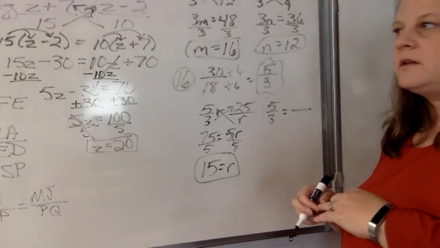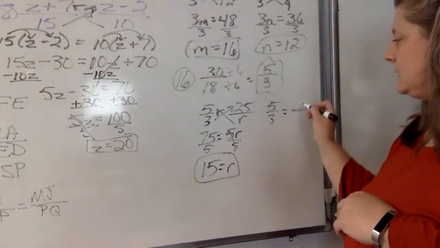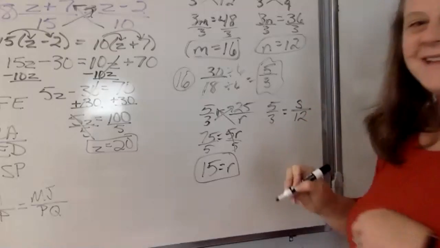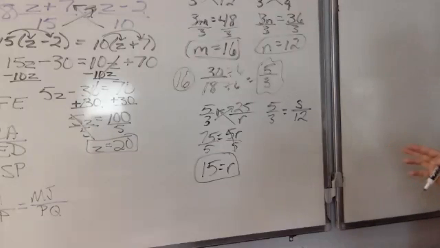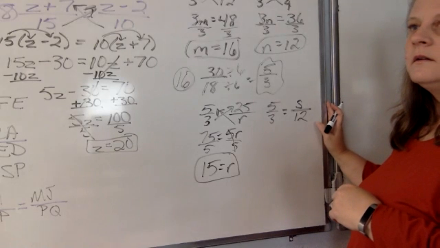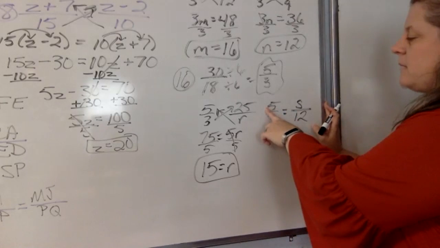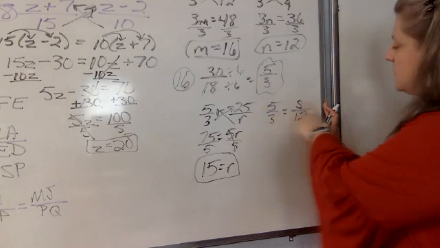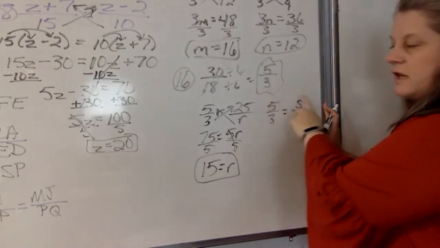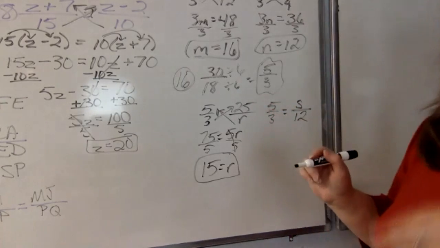The S or the 12? The S goes on top because the big triangle was on top here, so the big triangle has to be on top on this side. That's the main thing you need to remember. You've got to match them up.